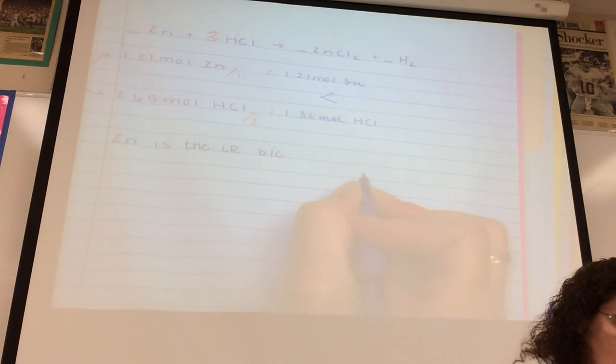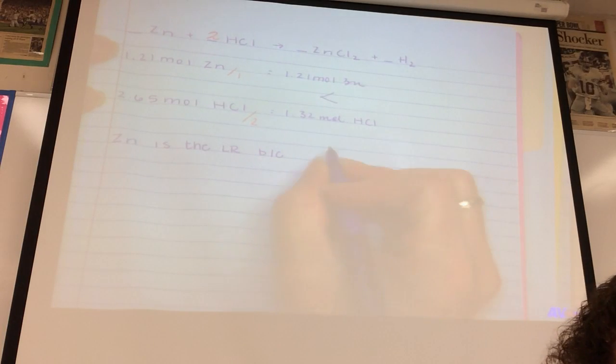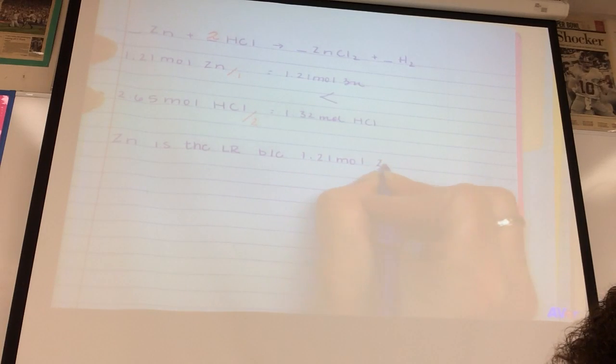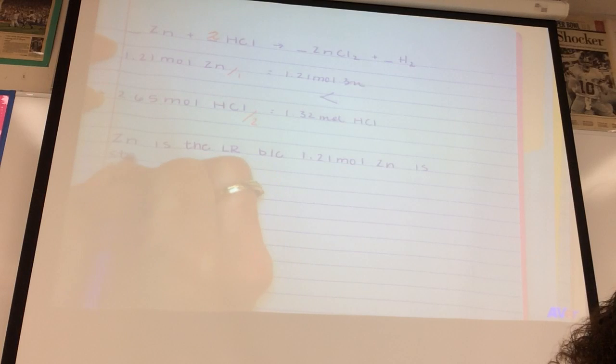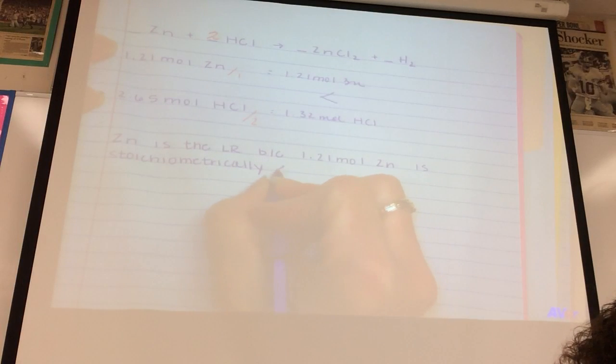because, now go back to the original given, 1.21 moles of zinc is stoichiometrically going to be fun to spell. Less than 2.65 moles of hydrochloric acid.